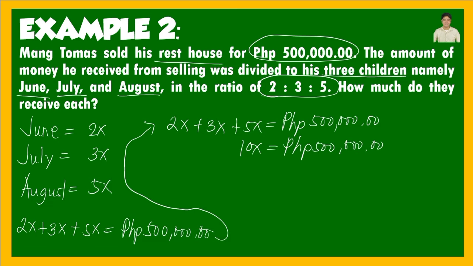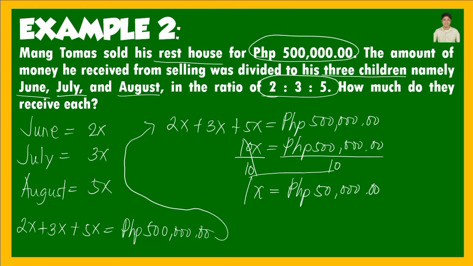And then, we will divide both sides of the equation by 10. So, makakancel yung 10. x na lang siya, and then 500,000 pesos, i-divide natin by 10. Our answer is 50,000 pesos. So, ito po yung value ng x natin.